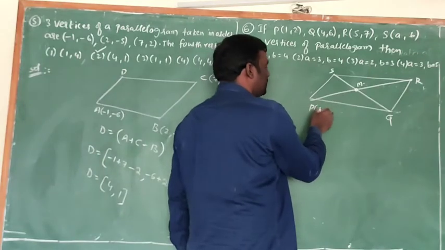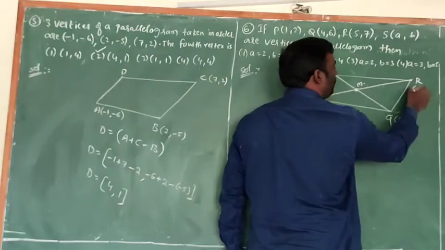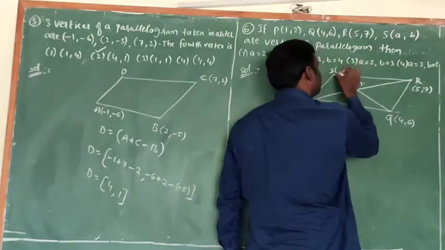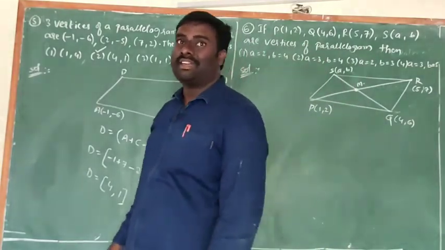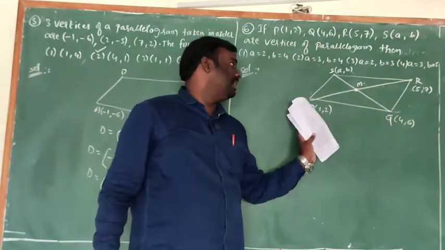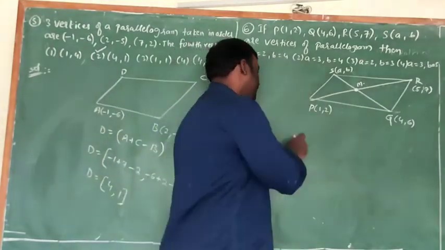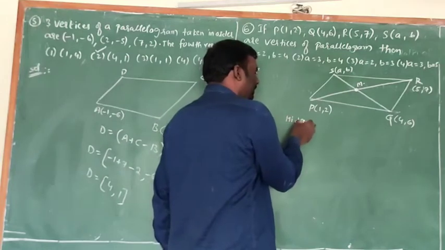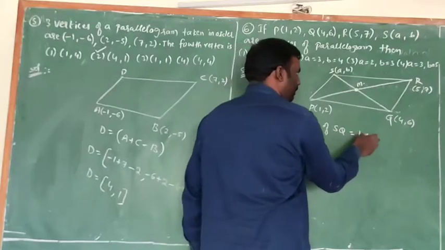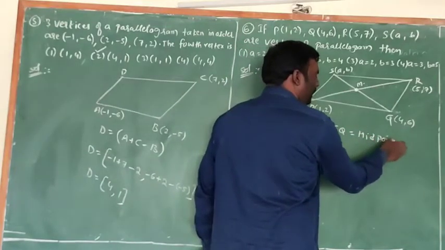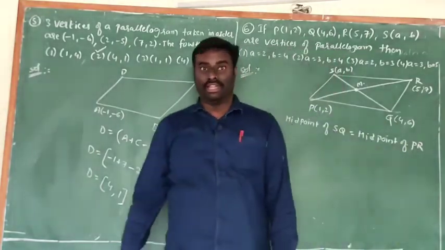Now P point is 1 comma 2, Q point is 4 comma 6, R point is 5 comma 7, S point is A comma B. In parallelogram, diagonals bisect each other means midpoint of PR, midpoint of QS, both are same. Then midpoint of SQ is equal to midpoint of PR. Why? Because diagonals bisect each other.